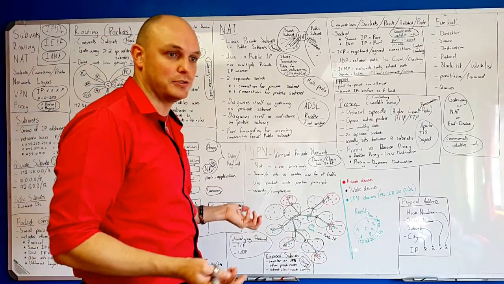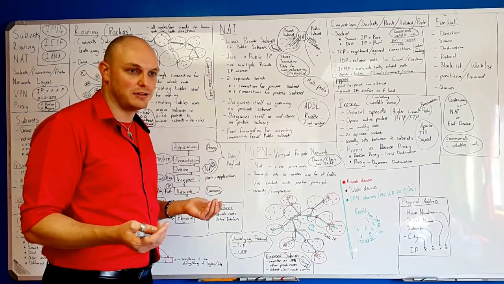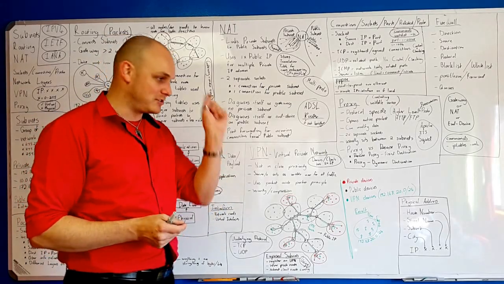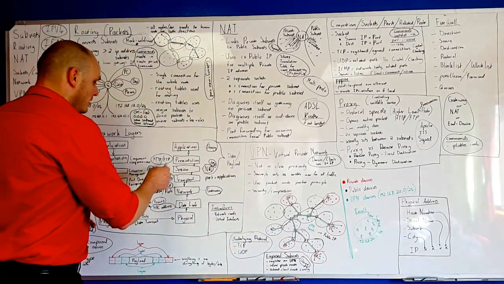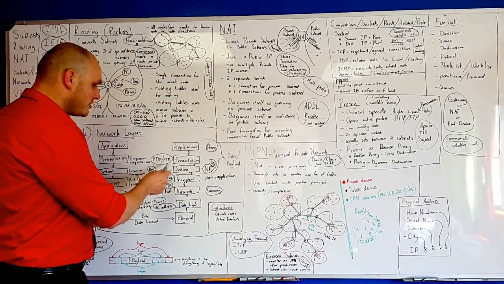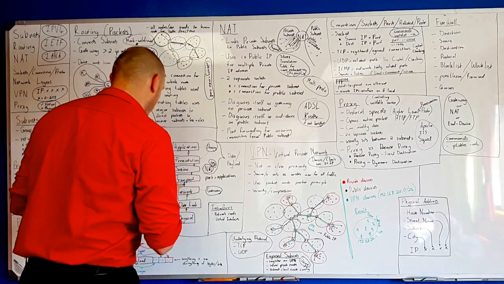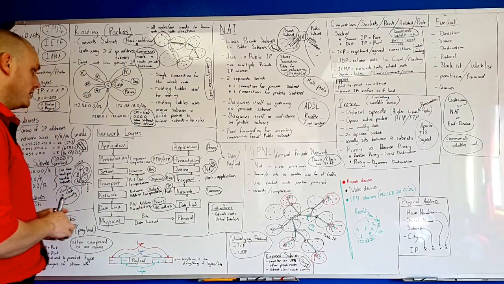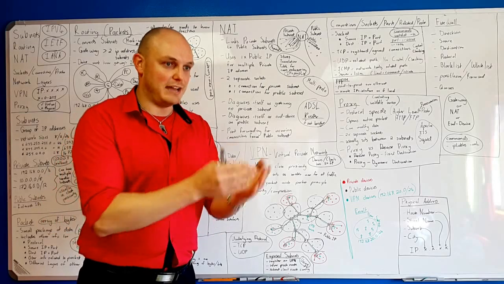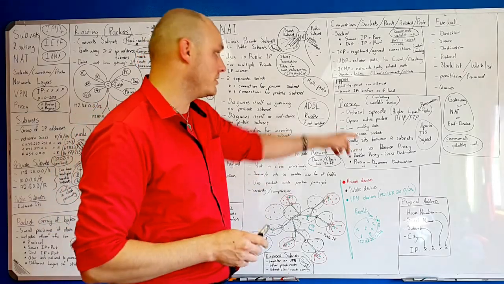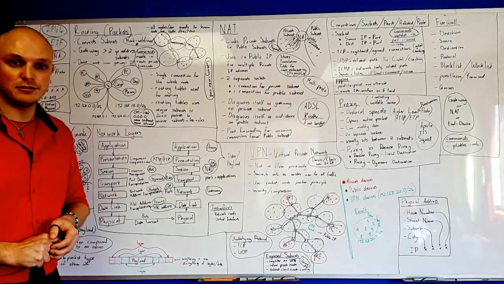A NAT doesn't listen on a port; technically it listens on all ports if you want to see it that way, not on a specific port, whereas a proxy usually listens on one port. A proxy can also function there. Most proxies, like an HTTP proxy or FTP proxy, will only be that, so it will be very specific. But I'm still going to get to that. Okay, any other questions?